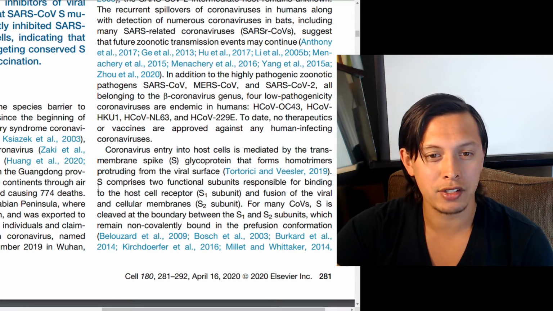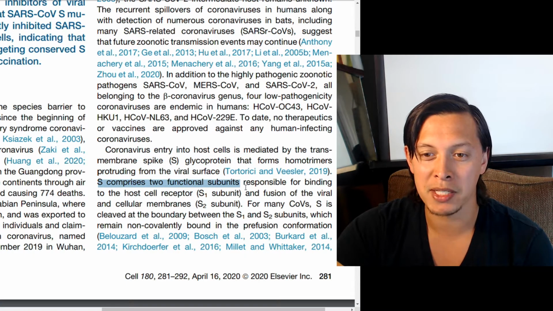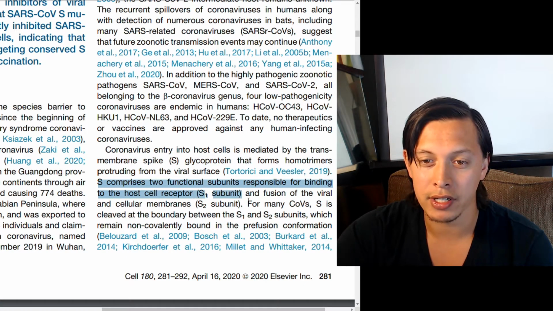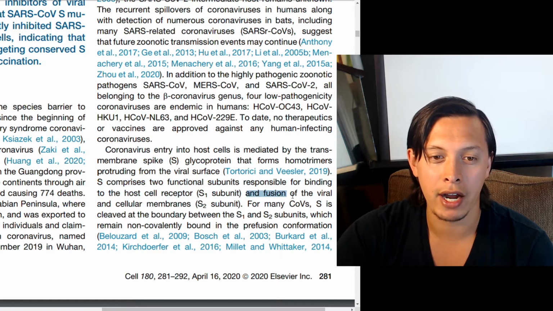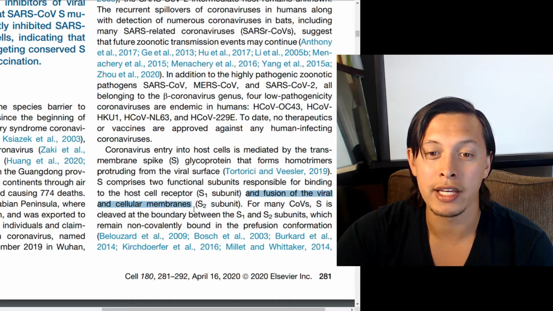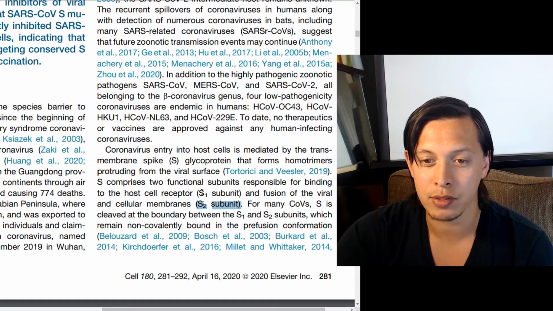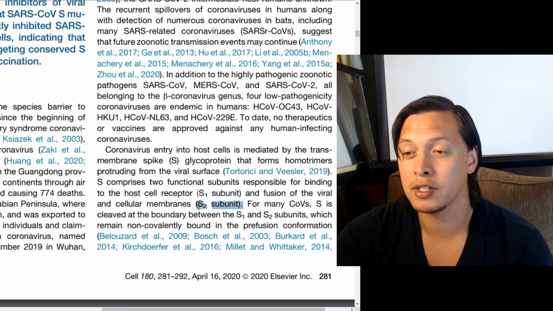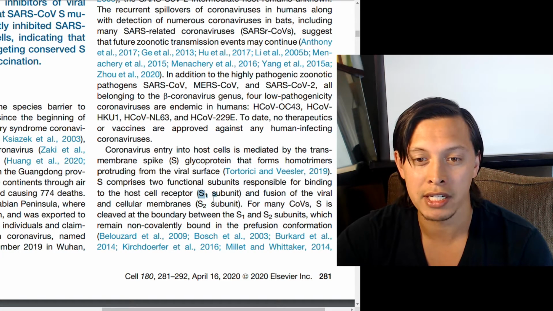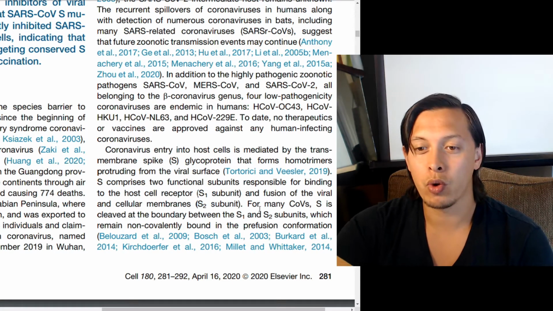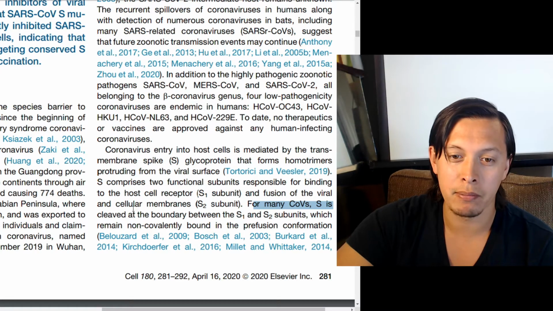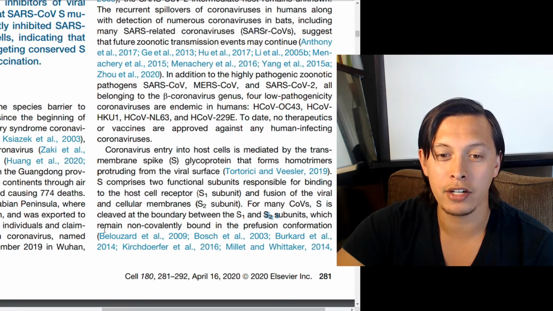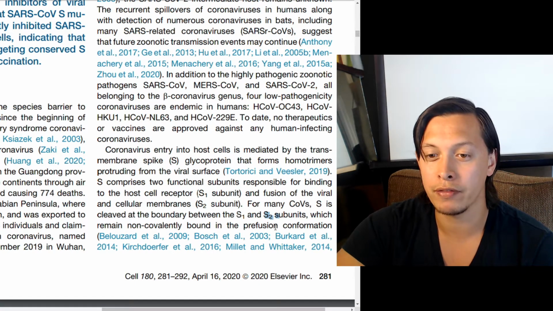So S comprises 2 functional subunits responsible for binding to the host cell receptor, the S1 subunit, and fusion of the viral and cellular membranes, which are in the S2 subunit. So the S1 subunit and the S2 subunit are a part of the same spike protein, so spike sub 1 and spike sub 2. For many coronaviruses, S is cleaved at the boundary between the S1 and the S2 subunits, which remain non-covalently bound in the pre-fusion conformation.